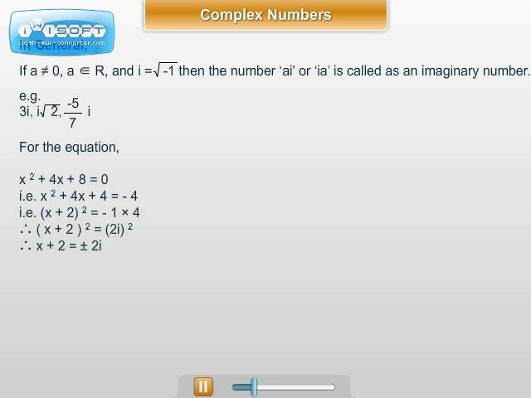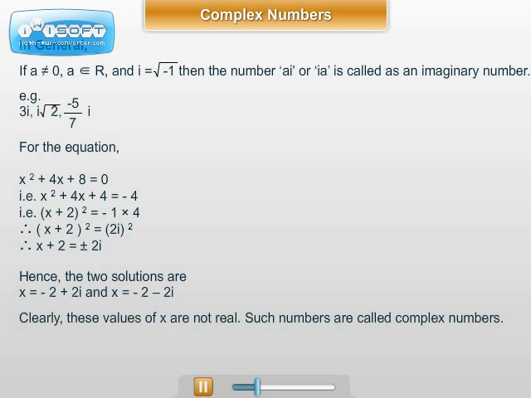Therefore, x plus 2 equal to plus minus 2i, that is x equal to minus 2 plus 2i, or x equal to minus 2 minus 2i. Thus, the equation x square plus 4x plus 8 equal to 0 has two solutions, minus 2 plus 2i and minus 2 minus 2i. Clearly, these are not real numbers. Such numbers are called complex numbers.